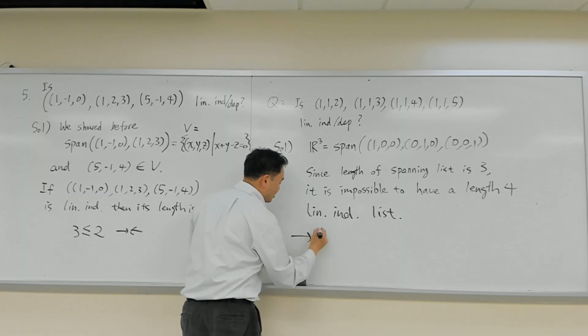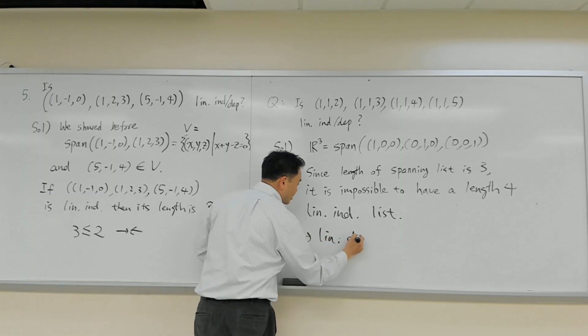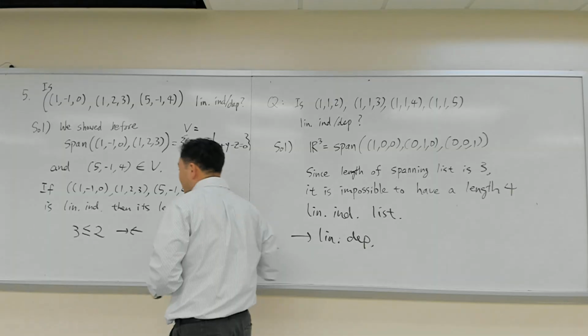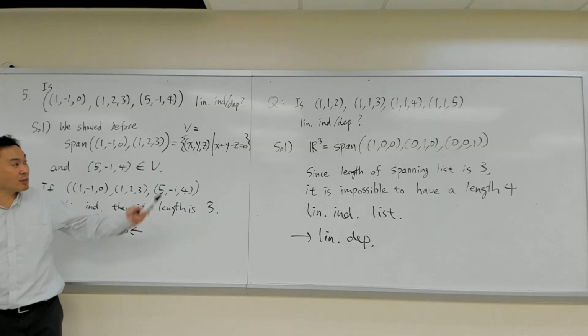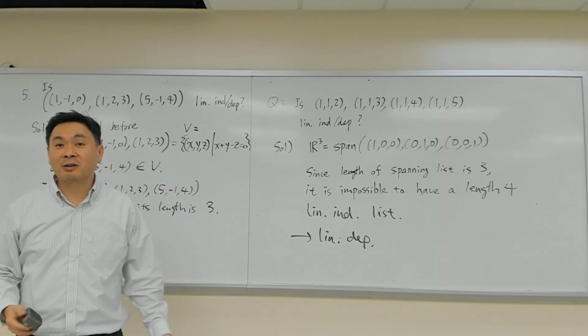So that means it's linearly dependent. So that's an indirect way of showing that these 4 vectors must be linearly dependent. Okay?